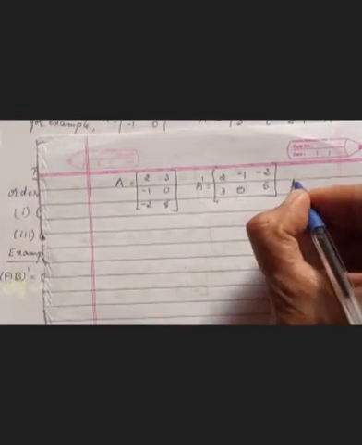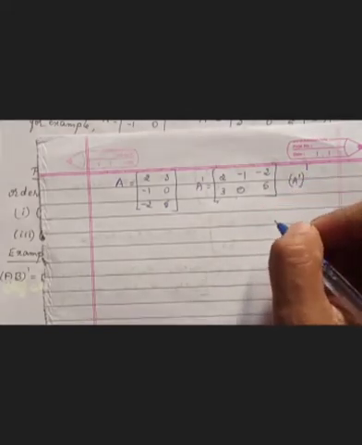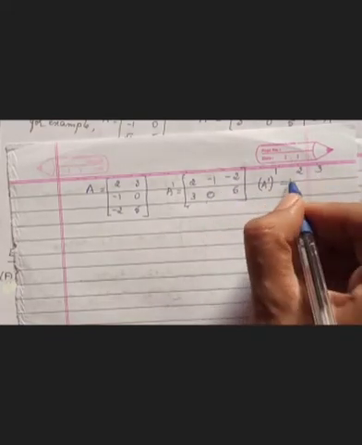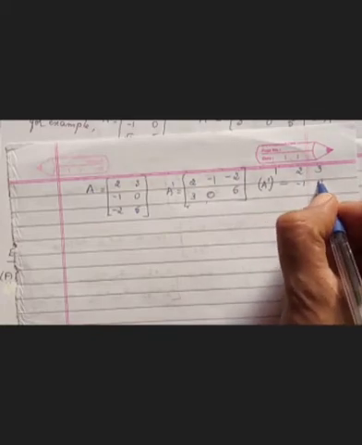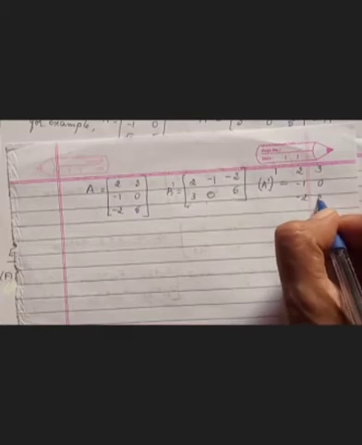If you take the transpose of this matrix again, A transpose of transpose, write the first column as first row, 2, 3, the second column as second row, minus 1, 0, the third column as third row, minus 2, 5.